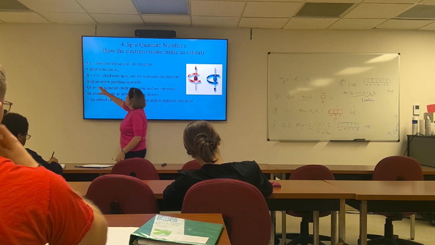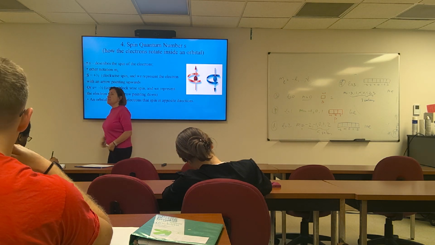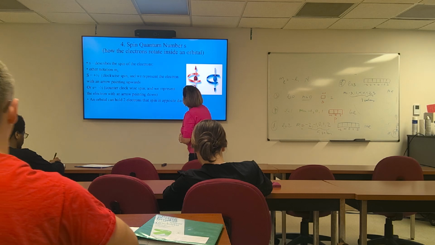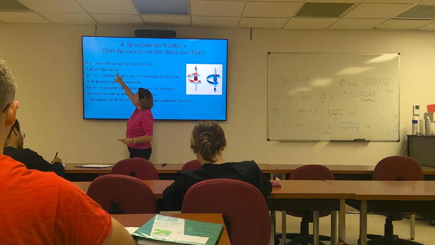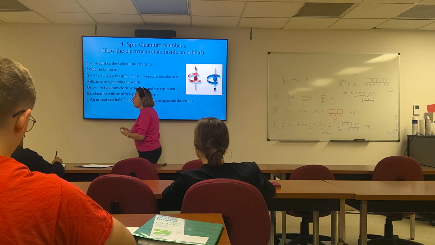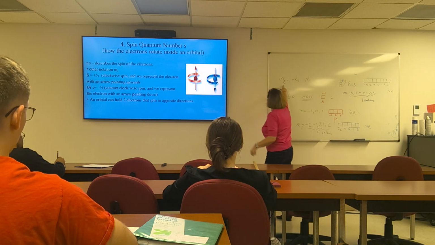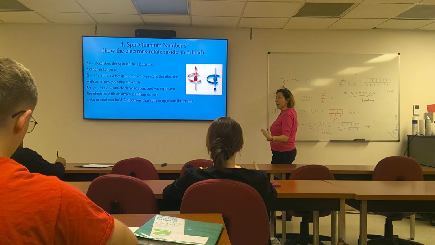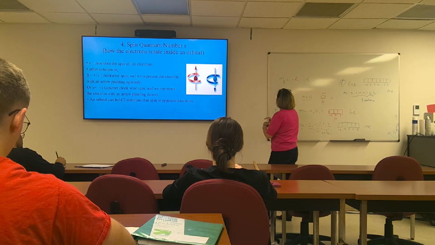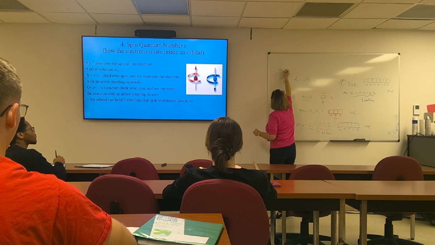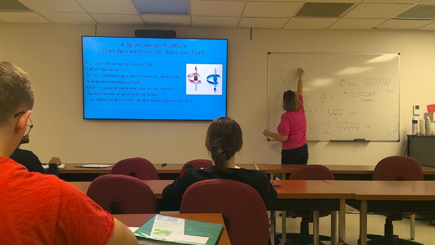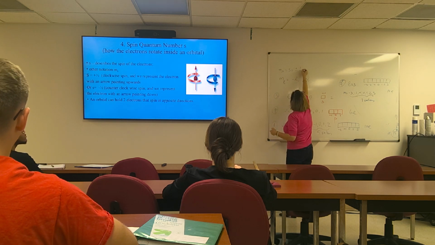So I know the notation is, the spin is S, but some people call it MS. Don't ask me why. This is another notation for the spin. We have the ML for the magnetic number, the 3rd number, and now we have spin or MS, and the spin can be 2 numbers, plus or minus 1/2.